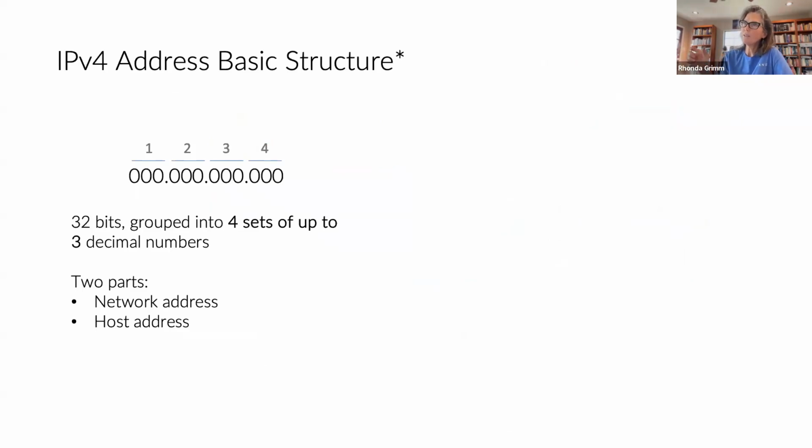You'll have heard of IPv6, I'm sure, but for now, let's talk about this. An IPv4 address is composed of 4 sets of 3 decimal numbers. And one part is the network address, and one part is the host address. And it can be different. You get into subnet masks and stuff, and that tells you which part of those 4 octets, the 4 sets, are the network address and which is the host.